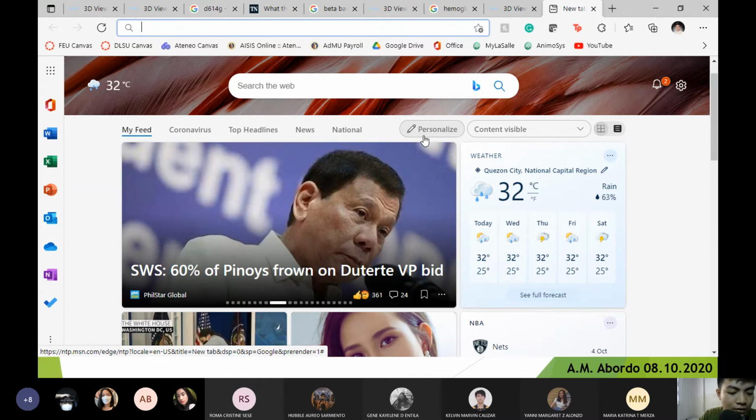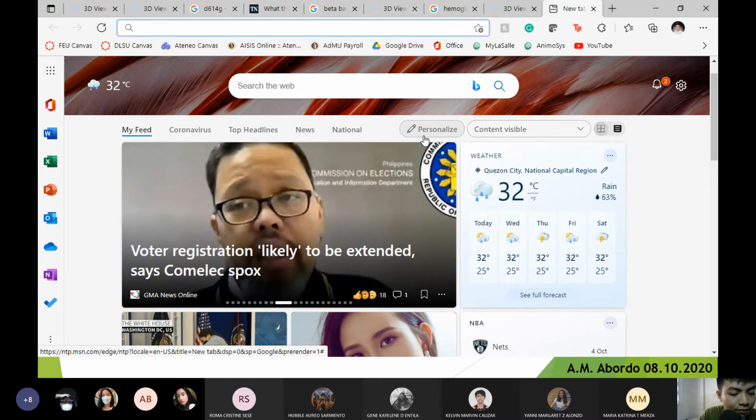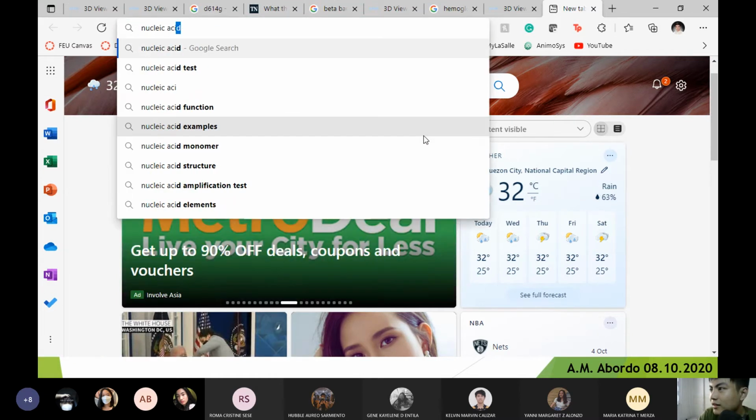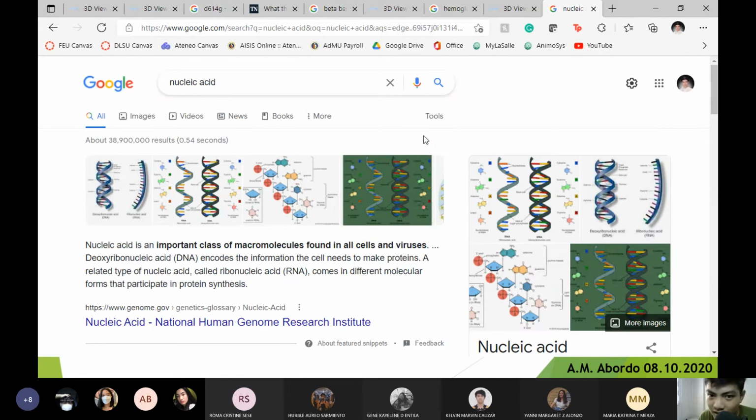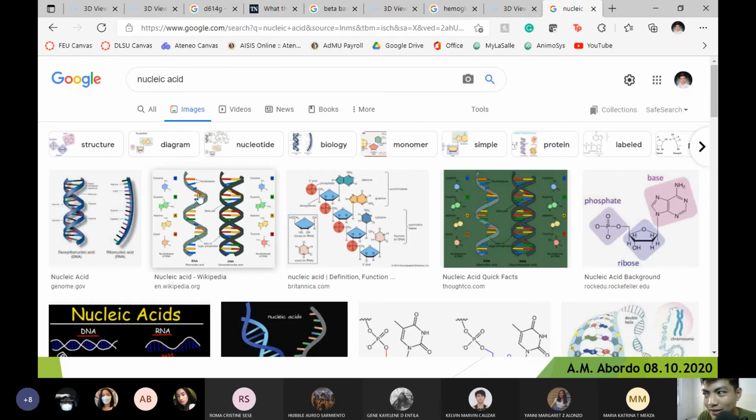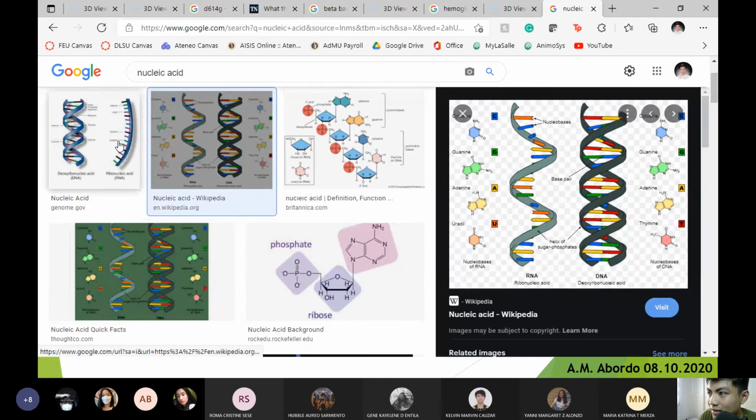Let me show you our DNA. Nucleic acid. We can't discuss nucleic acid here. Sayang, that's also nice, but no. Have you taken something like this topic before? Like cytogen, something like that.